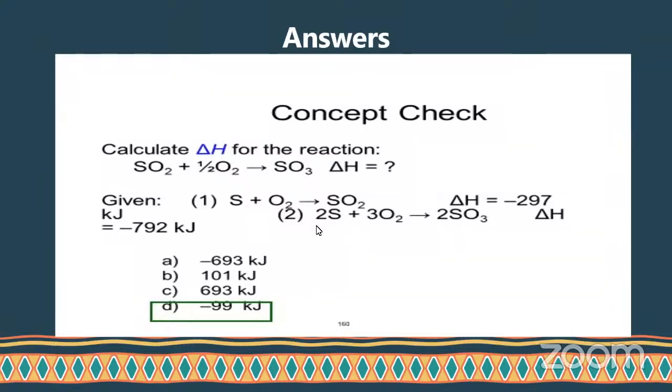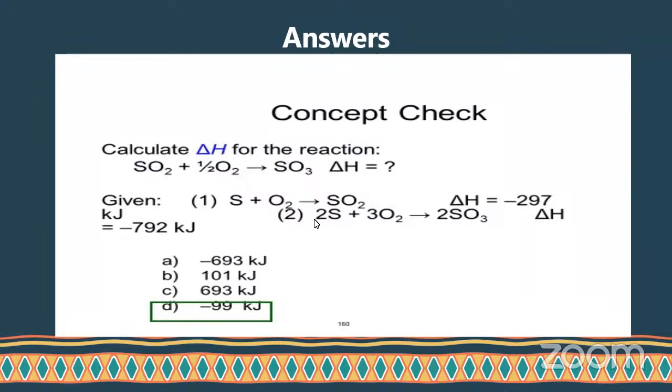Now that we have done that, so what do we now have? Remember, I told you in my class, you must have your pen, you must have your writing materials. So what we have now is SO2 going to sulfur plus oxygen, and the change in enthalpy now is plus 297 for the first series.